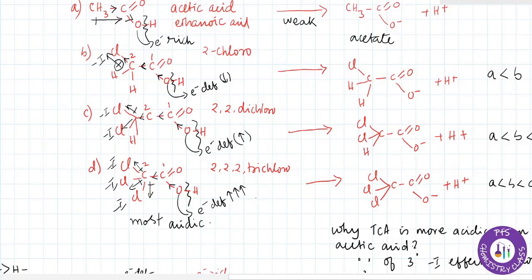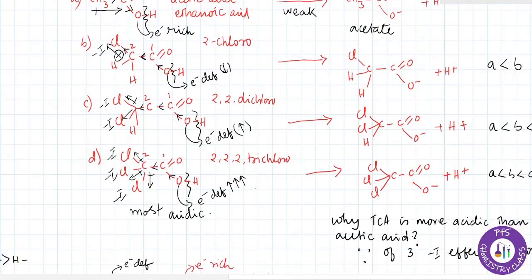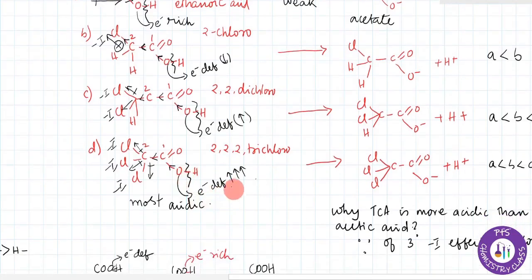The combined effect of the 3 chlorine minus I effects makes the oxygen very much electron deficient and therefore the OH bond readily breaks and dissociates to produce H+ ions in solution. That is why we say that this is a very strong acid when compared to the other compounds. So this is one example. Now let us see one more example.